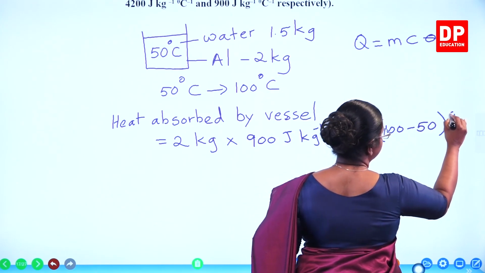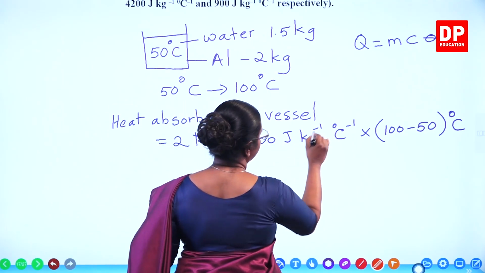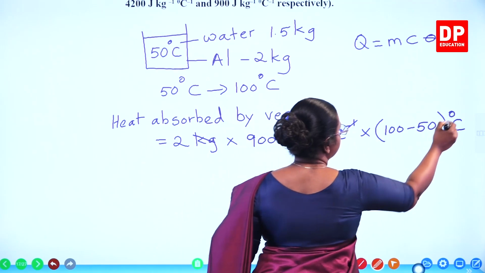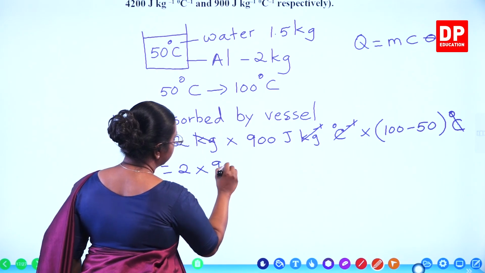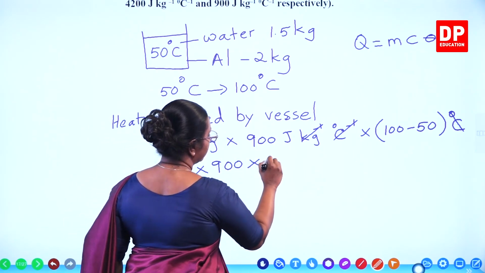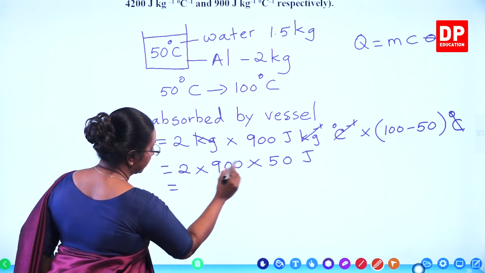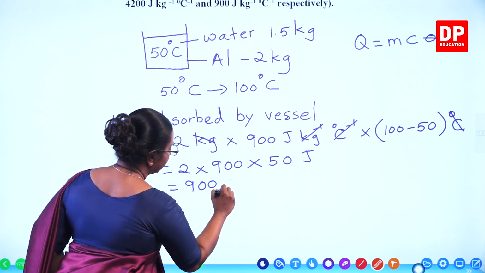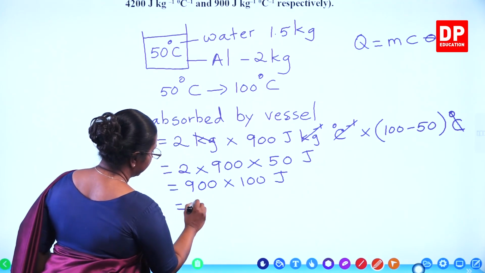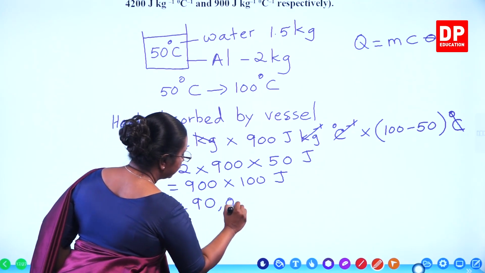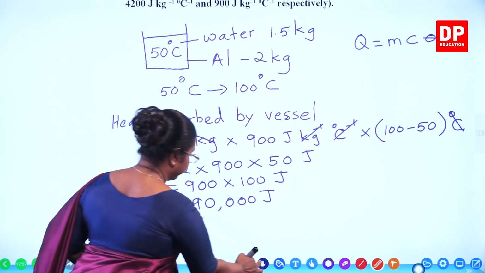So, 100 minus 50 degrees Celsius. Then, it's easy to simplify, we can cancel off kilogram and kilogram minus 1, degree Celsius, degree Celsius. So, we will get the value as 2 into 900 into 50 joules. So, for convenience, if I multiply 2 into 50, it is 100, so 900 into 100 joules. So, that means it will be 90,000 joules. So, that is the heat absorbed by the vessel.